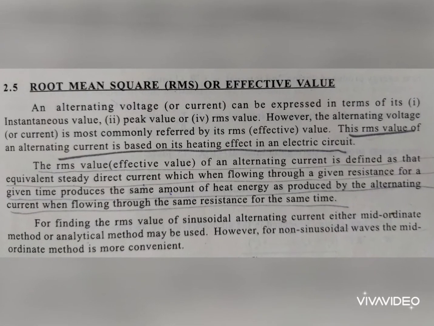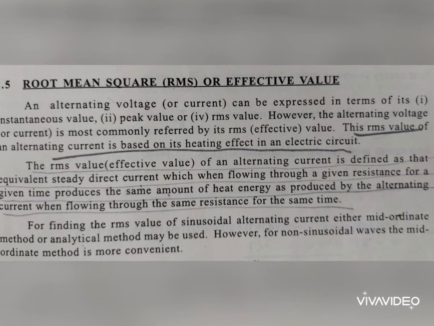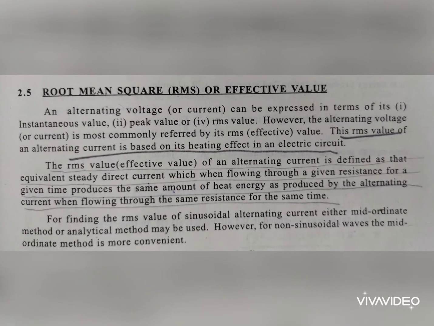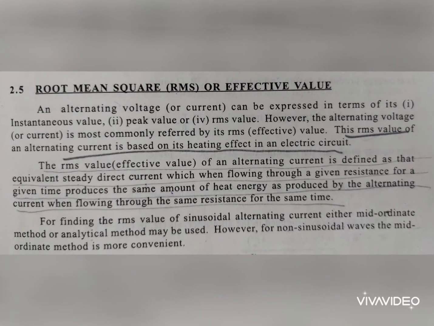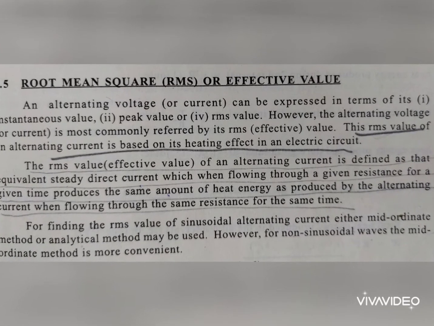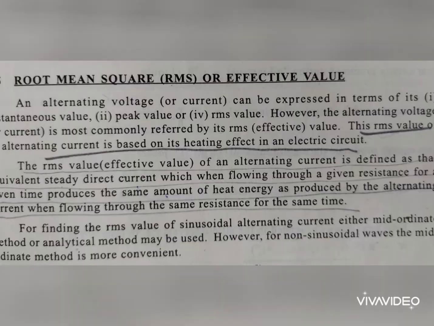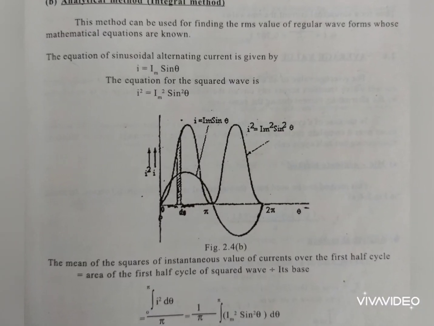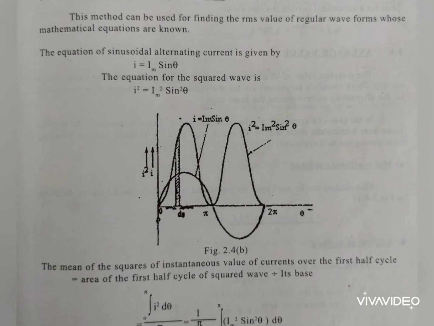To find this RMS value, there are two methods, that is the mid-ordinate method and the analytical method. For non-sinusoidal waves, the mid-ordinate method is more convenient, and for a sinusoidal wave whose mathematical equation is known, we can use the analytical or integral method.